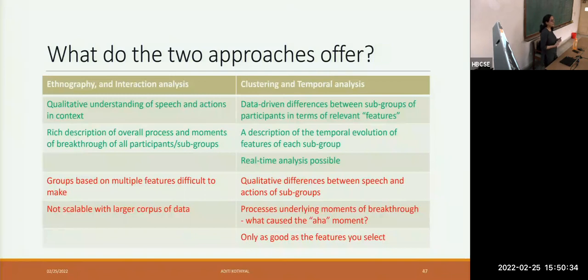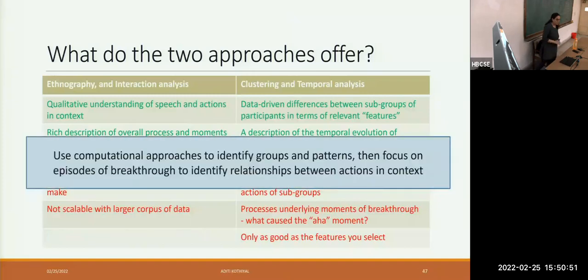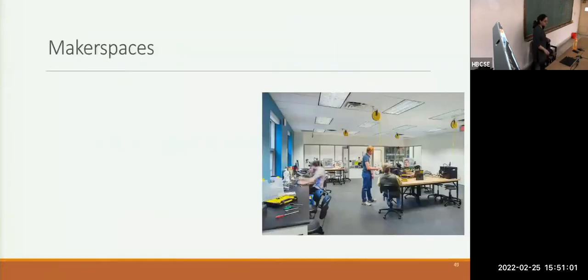So that analysis is only as good as the features that we select. On the other hand, the ethnographic analysis is difficult to make patterns from, and it's not scalable with larger corpuses of data. So what I propose to do with makerspaces is to integrate these two approaches, and I'll talk about how I want to do that.